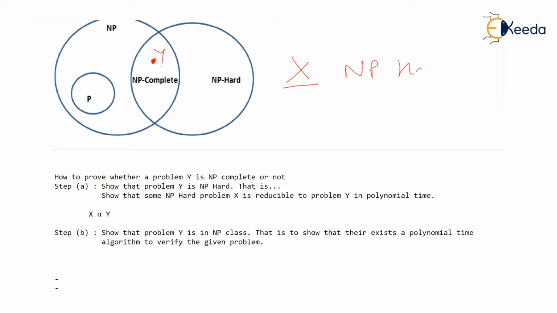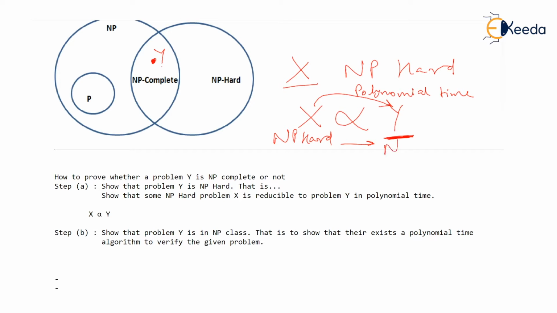Now, if you are able to reduce X to problem Y, the problem in question, in polynomial time, then X is reducible to Y, and you know that X is NP hard, so surely Y is also NP hard.